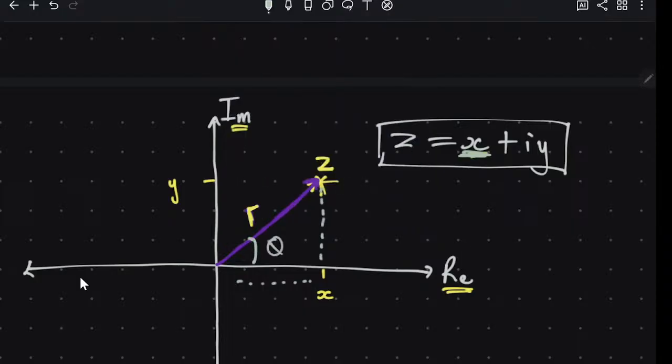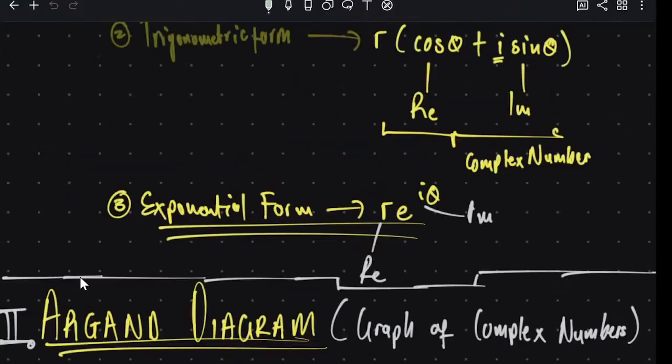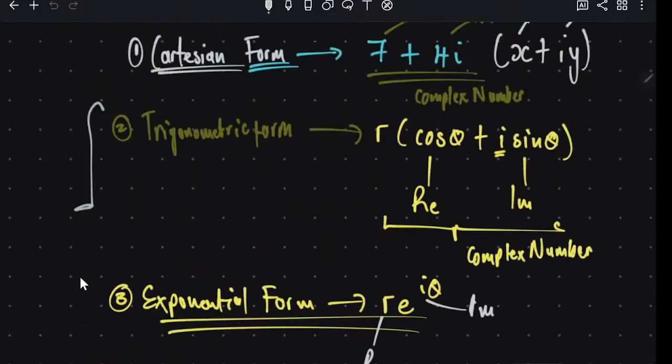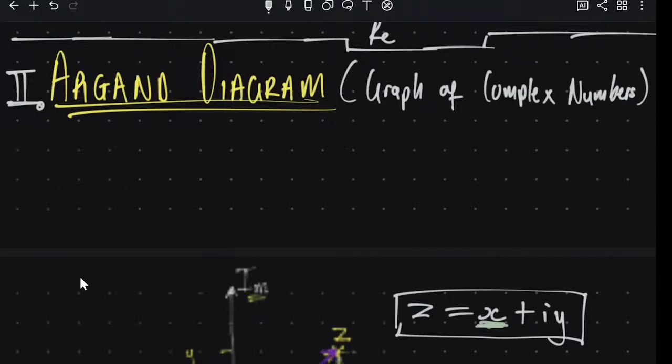So you need r and theta. These are the other two things that we can use. Once we have r and theta, we can now change to trigonometric form and exponential form. We move from x and y to r and theta.